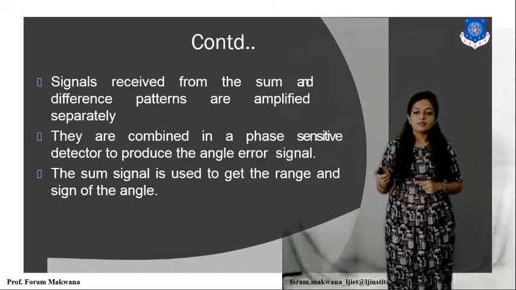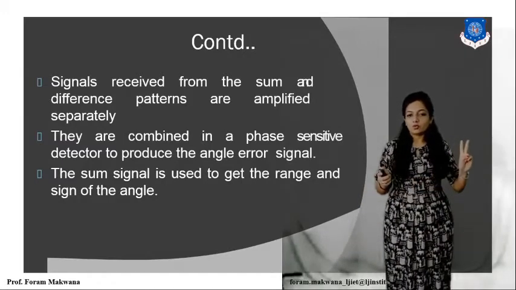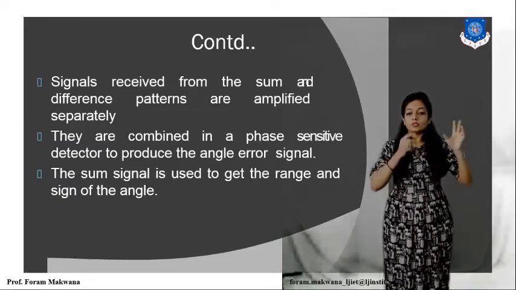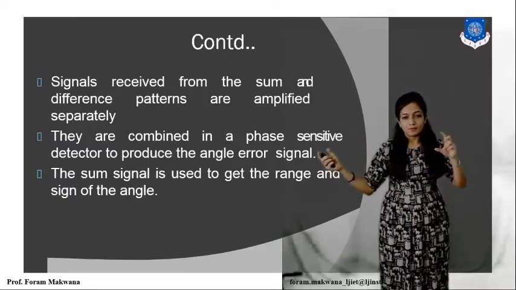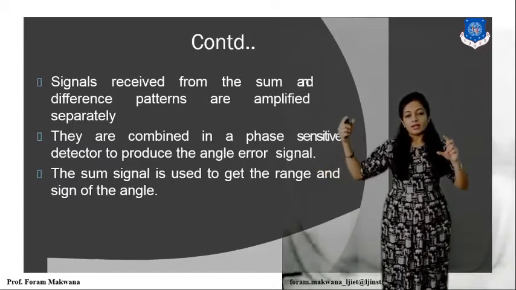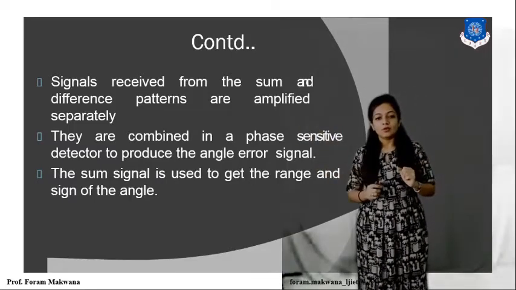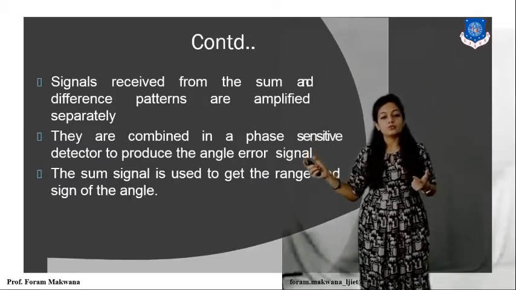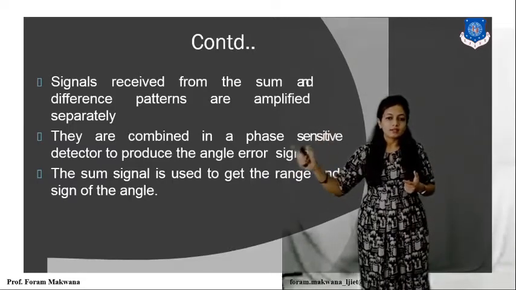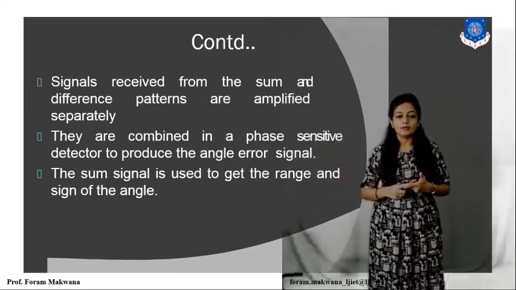So the signal received will be in two forms, as I have told you, sum and difference pattern. These two patterns are amplified with the help of amplifiers and combined at the phase sensitive detector. Why? Because we need to produce the error signal. That error signal is totally dependent on the angle, okay?